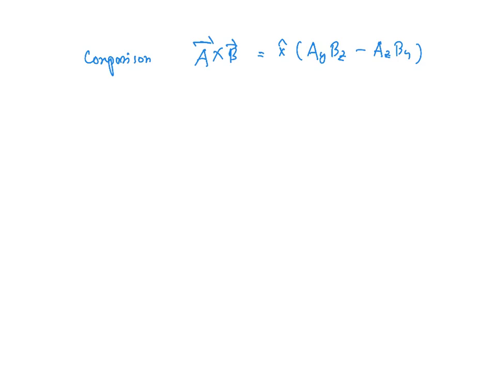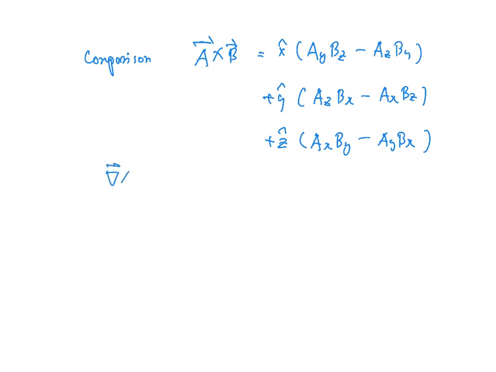And for y, that's the unit vector y: A_z B_x minus A_x B_z, plus z component: A_x B_y minus A_y B_x, right? So we just replace these.